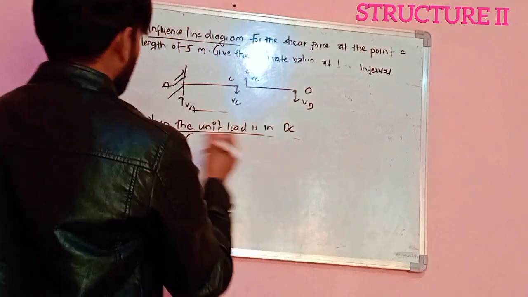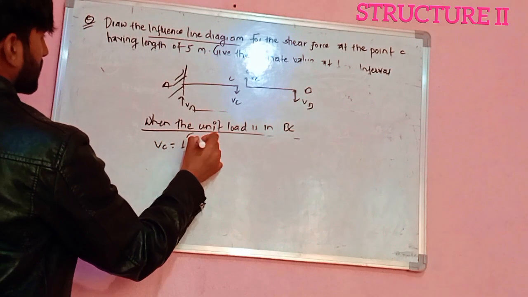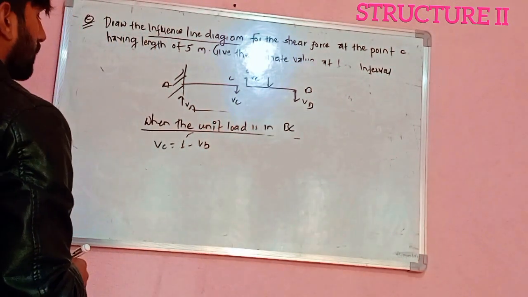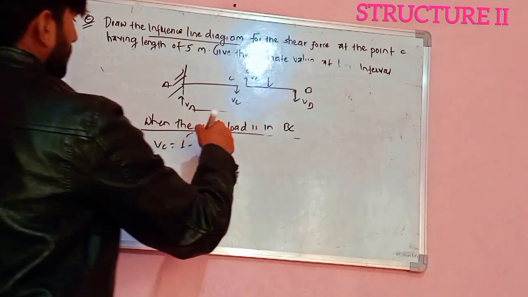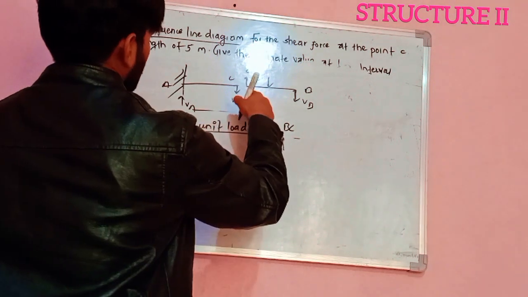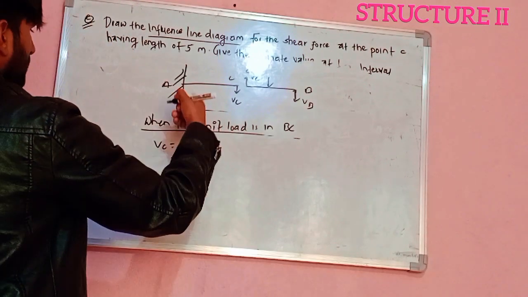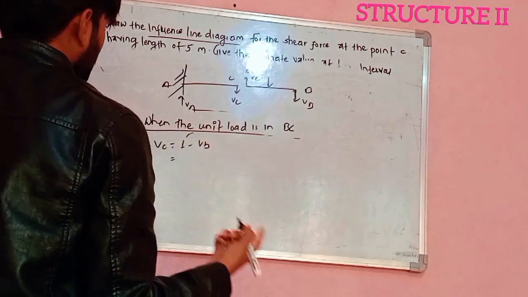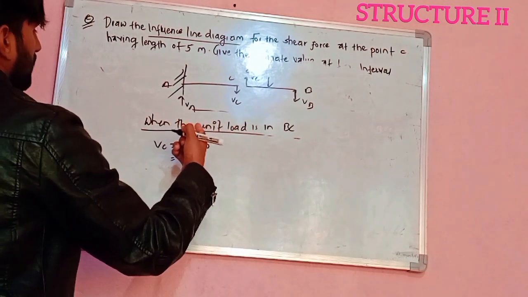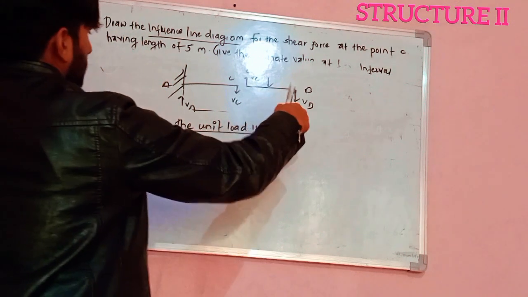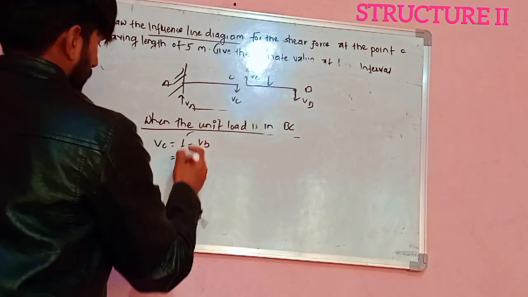Now when the unit load is in the portion BC, what is the value of BC? This is 1 minus BB. Now we can consider the other portion as well, but it may be difficult because we have to calculate the value of BA first, but we have only the value of BB, that's why we consider this portion. So 1 minus BB.